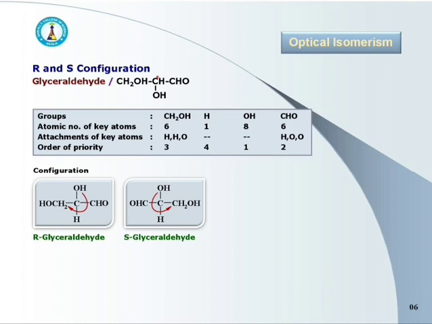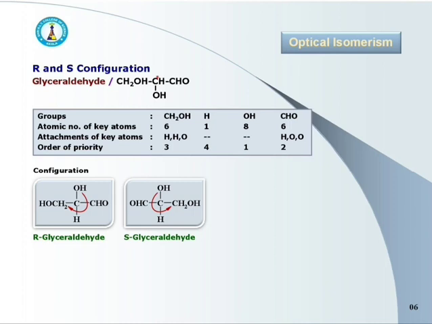So, the order of priority is first OH, second CHO, third CH2OH, and fourth, hydrogen.